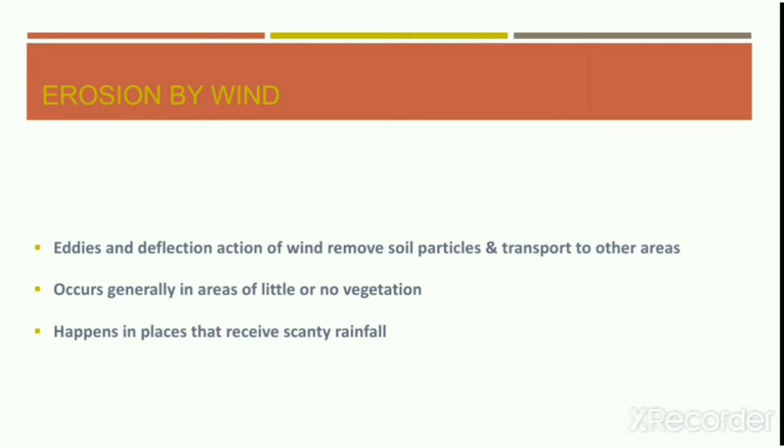The so-called encroachment of desert can be attributed to the devastating result of soil erosion by the wind. Therefore, wind erosion generally can be found in areas with little or no vegetation. It also happens in areas that receive scanty rainfall.